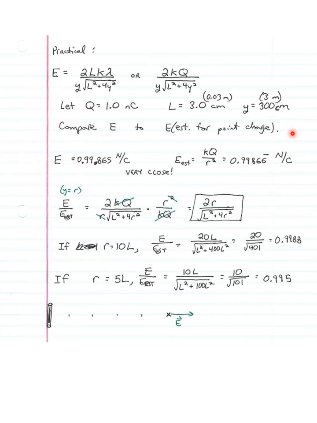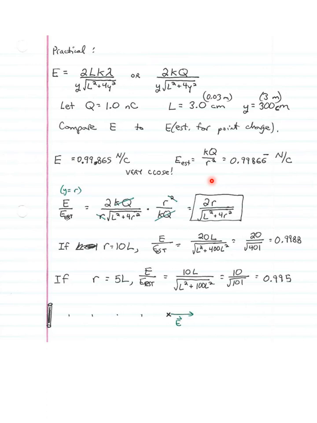When you plug in the values, the electric field using this expression comes out to be 0.99865 newtons per coulomb. If we just ignore this expression and consider it as a point that has a charge of 1 nanocoulomb, and we are 3 meters from that point, we get 0.99866 repeating newtons per coulomb.